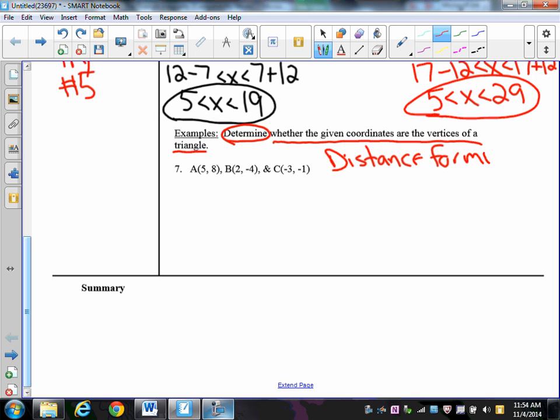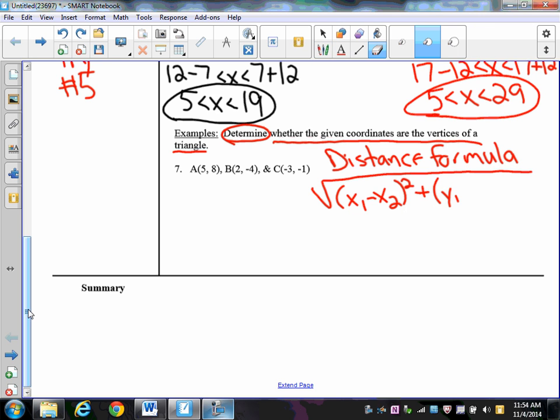So we've been using the distance formula throughout the year. I'm going to write it down again. It's where we subtract the x values and square it, and we subtract the y values and square it. So we add those two values up and take the square root.